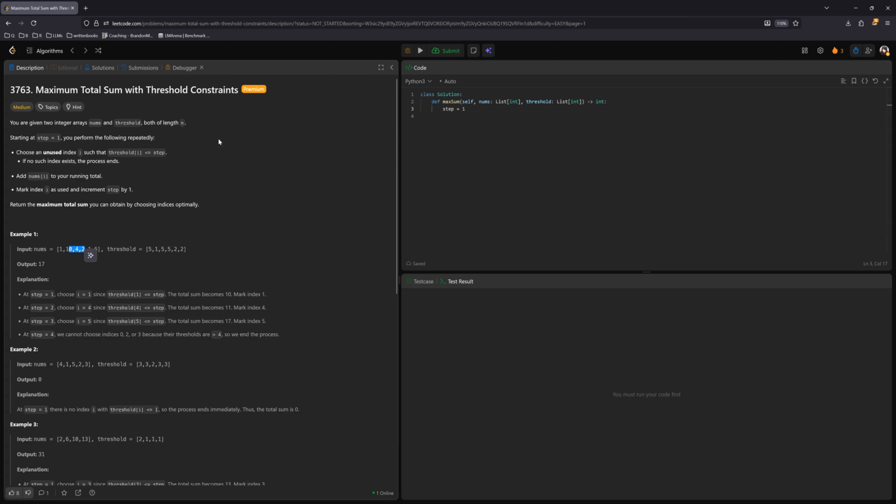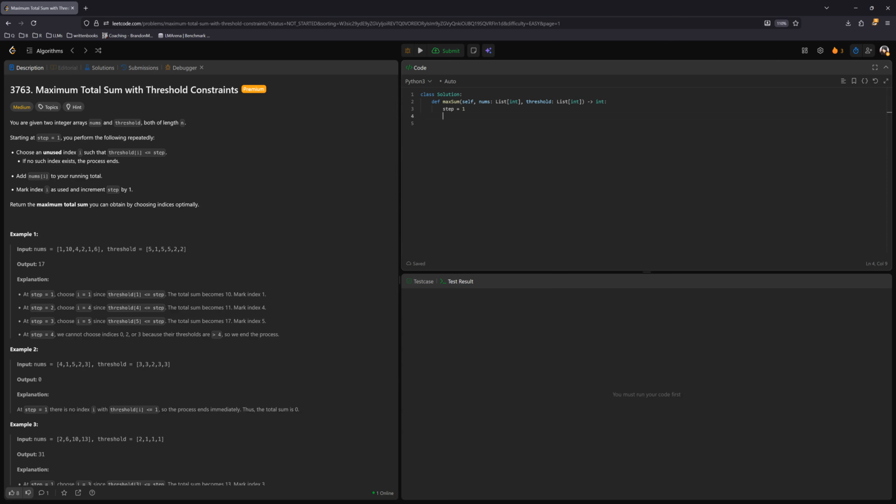What choices are there? Threshold of I is lesser than or equal to step. You see, step is going to be getting bigger, so anything that was available is going to remain available, right? And these will have paired values. I think that's the first thing we need to do.